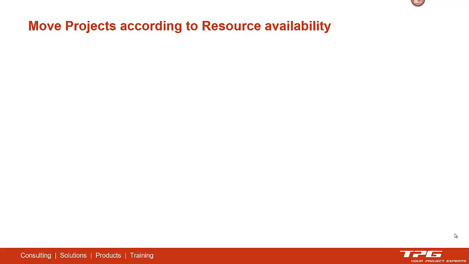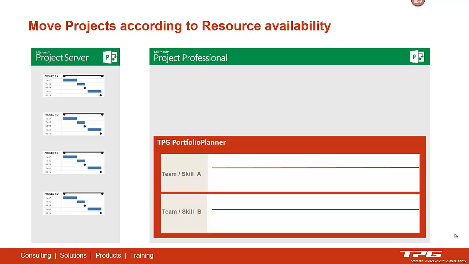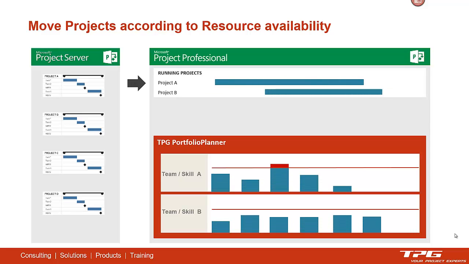How can this work? Let's have a look at a schematic presentation where we have projects from Project Server coming into a Project Professional plan, where we can see running projects having an impact on the teams or the skills, whatever you want to see, in terms of capacity.